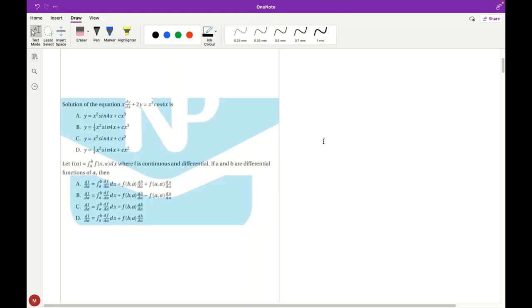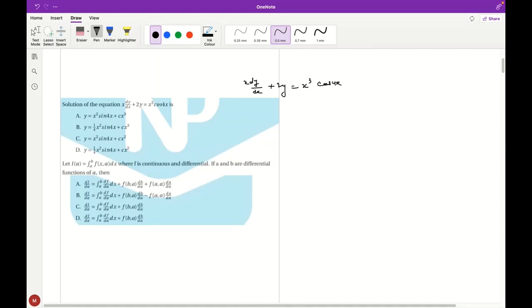So let's see the first question, from differential equation. The question says the solution of the differential equation. The given differential equation is x dy over dx plus 2y equal to x cube cos 4x.